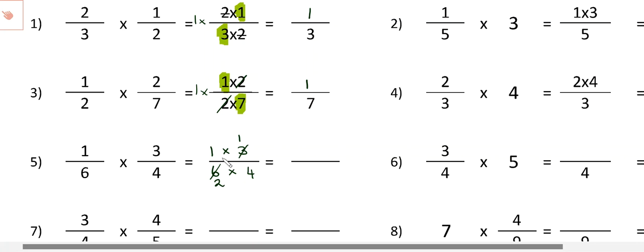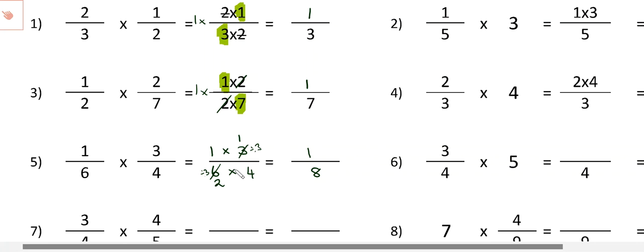So then it becomes 1 times 1 is 1, 2 times 4 is 8. I can divide 3 and 6 by 3, that's the common factor. And that's simplified. As long as you took all of the common factors out before you do the multiplication, your answer should not simplify anymore.